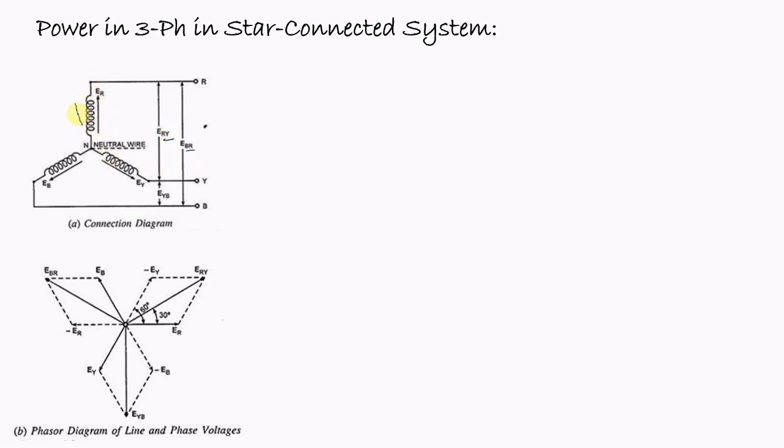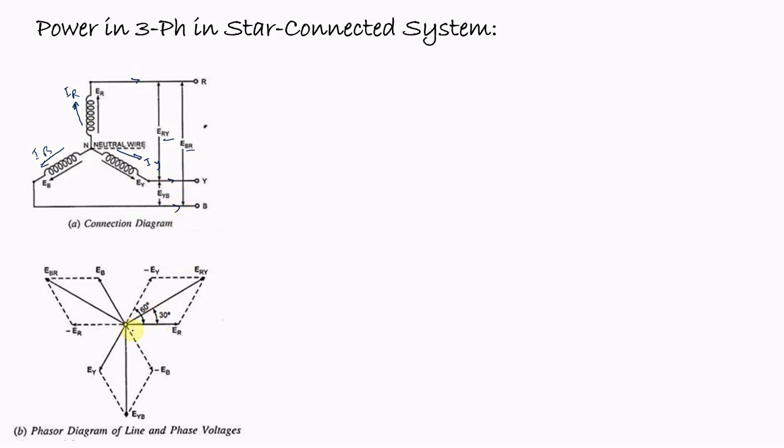Similarly, the current in the R phase will be IR, in the B phase IB, and here it will be IY. These are the phase currents as well as the line currents, because in case of star connection, the phase currents and line currents are same.